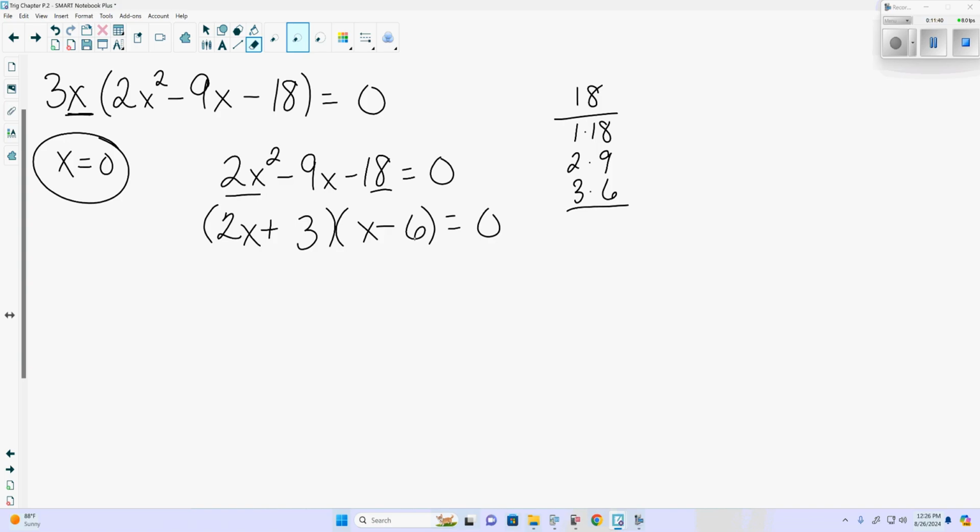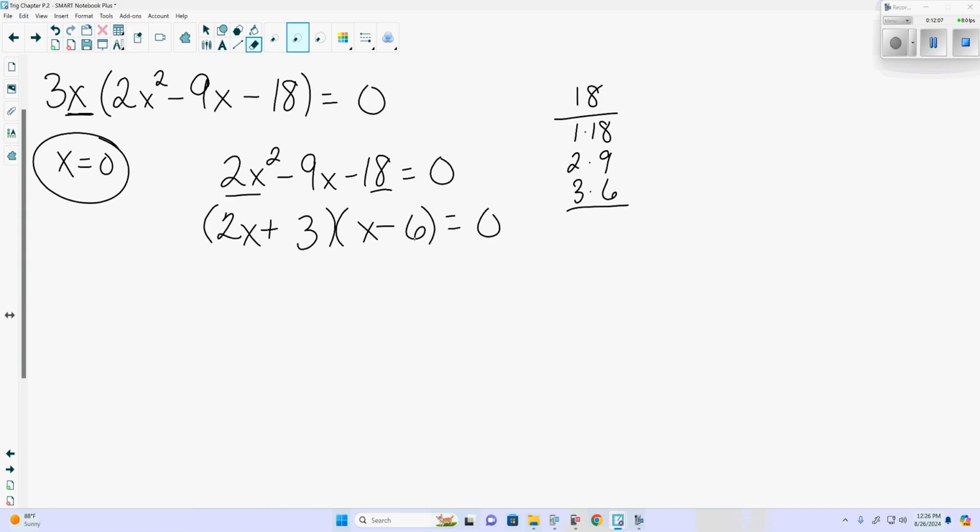Now I'm going to put the 3 with the 2 and 6 by itself. One main reason is that, is there a greatest common factor between our 2x squared, 9x, and 18? Well, no, there's not a number that goes into 2, 9, and 18. So if we put the 6 with the 2x, 6 and 2x have a greatest common factor of 2. If it did work that way, that means that the original should have had a greatest common factor also.